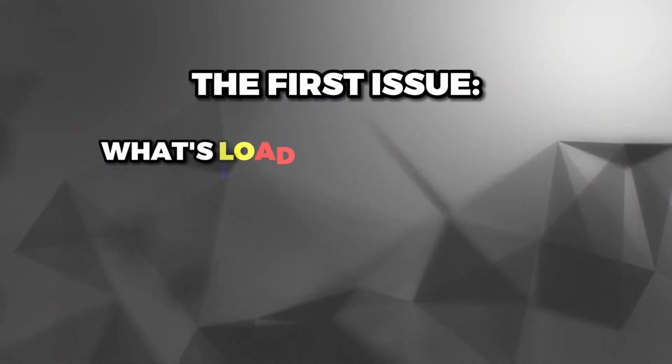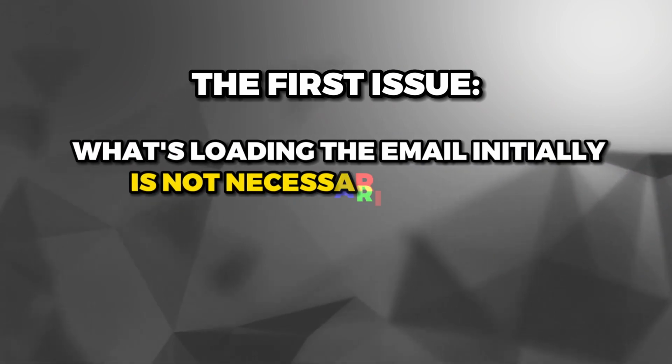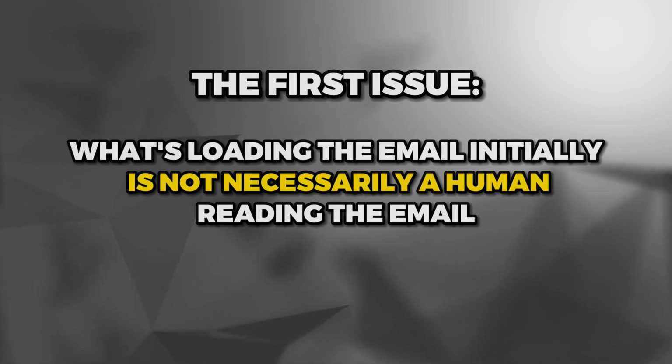But if you know a bit about tech, then you will quickly figure out that this method has some issues. The first issue is that what's loading the email initially is not necessarily a human reading the email. It can be a robot just scanning the email for security reasons, for example, looking for malware, and it will trigger the picture loading to make sure that the content is okay.